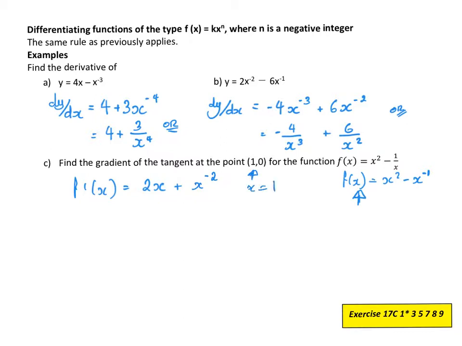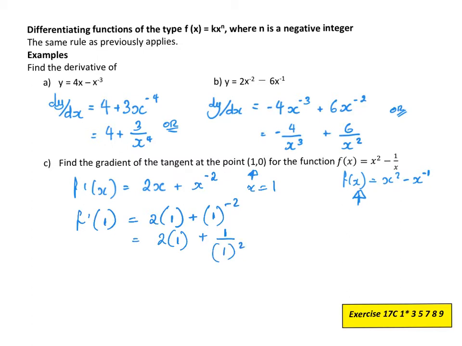Again, the y value doesn't matter here. So I'm going to find f dash of 1. So it's 2 times 1 plus 1 to the power of minus 2. Probably would be best to drop that down, wouldn't it? So 2 to the power of 1 plus 1 over 1 to the power of 2.